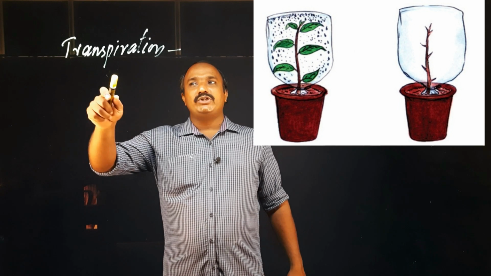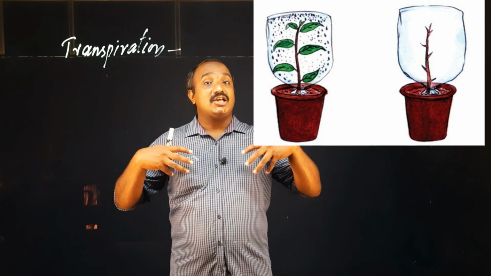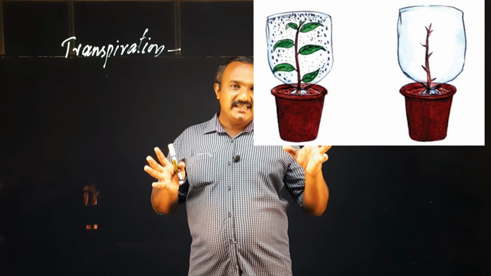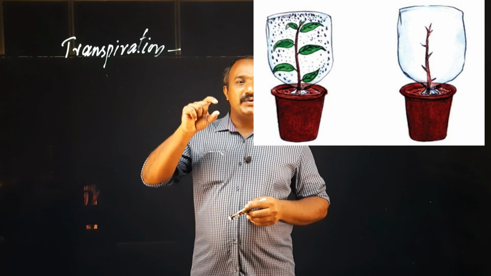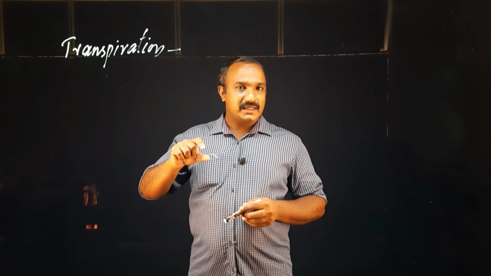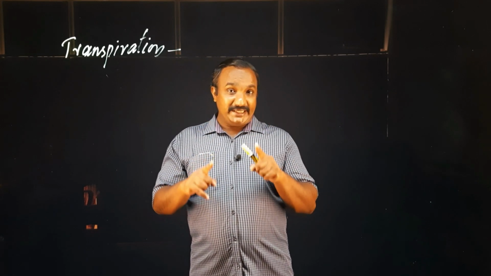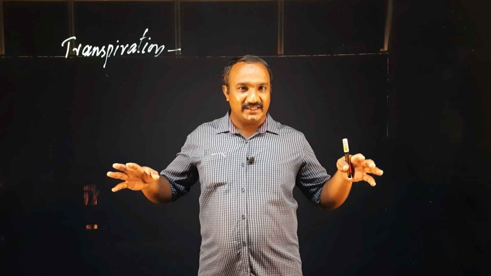So through transpiration, when water is lost from the cells of the leaves, what will happen? The quantity of water there will be reduced, because that water is lost through the stomata from the leaf cell. So in that particular cell that lost water, the pressure will be less.